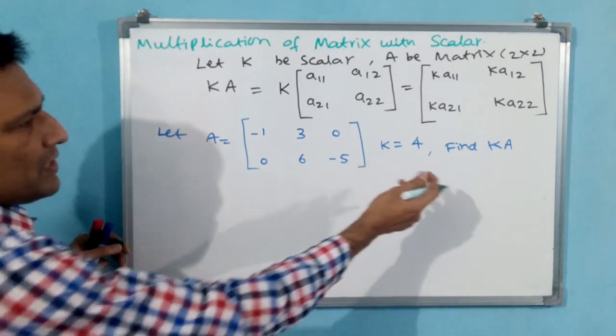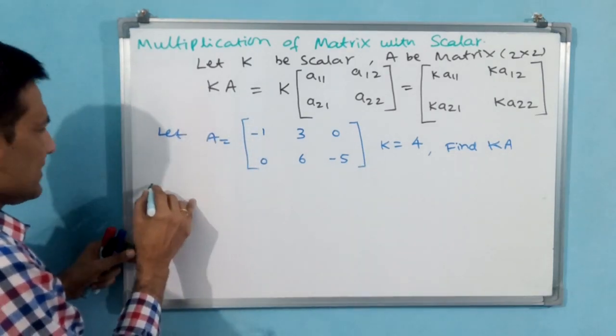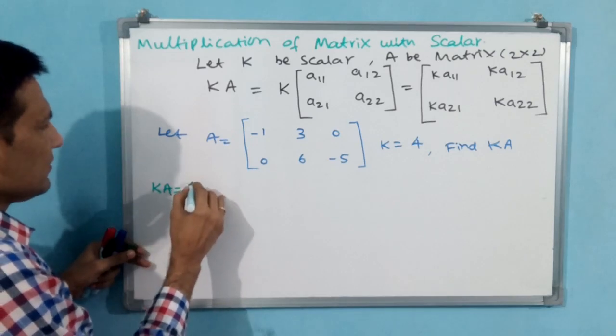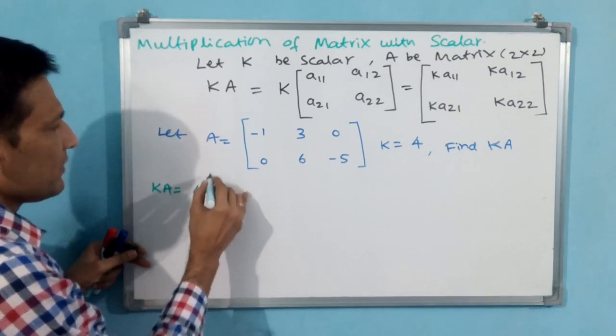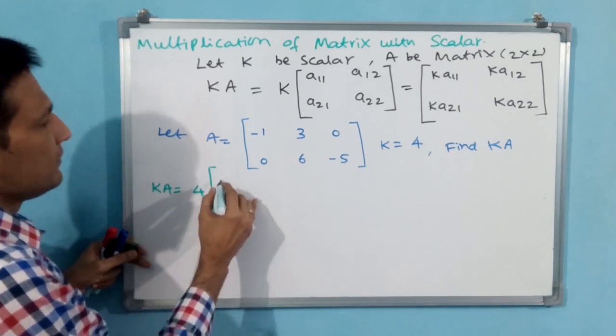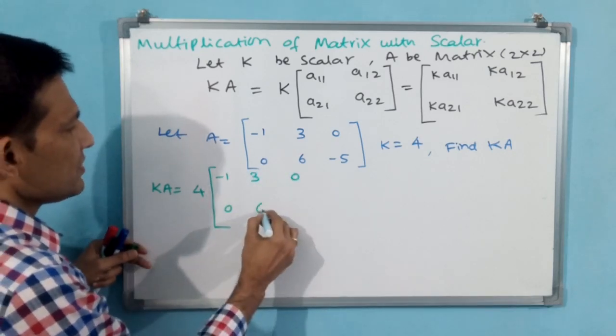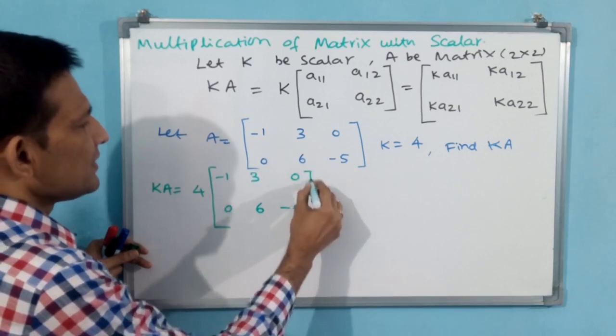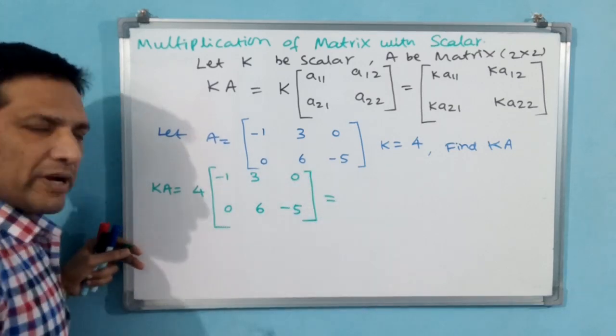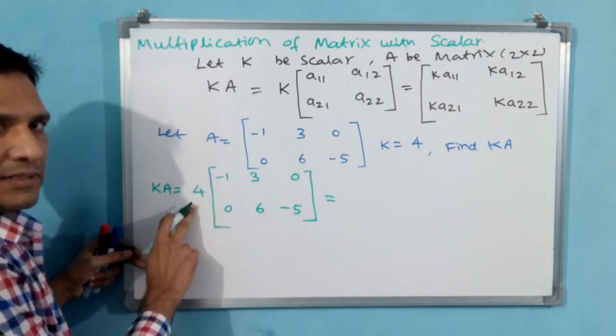See, Ka means first you have to write like this. Ka is equal to 4 into minus 1, 3, 0, 0, 6, minus 5. Like this you have to write first. First you have to write outside.